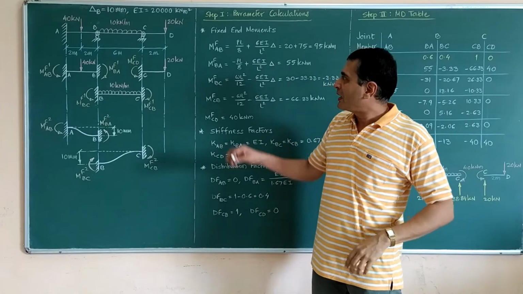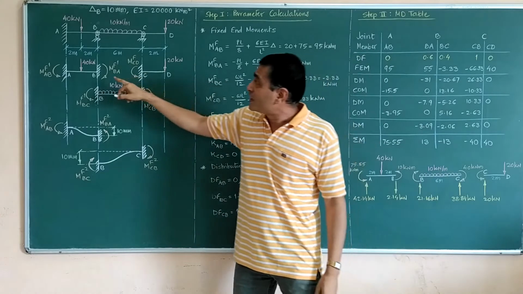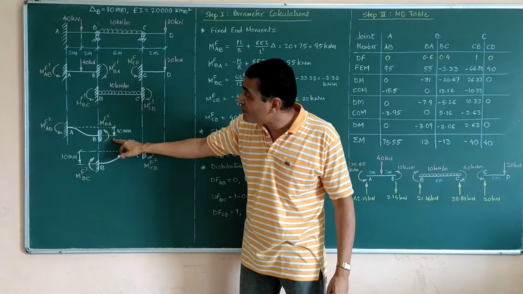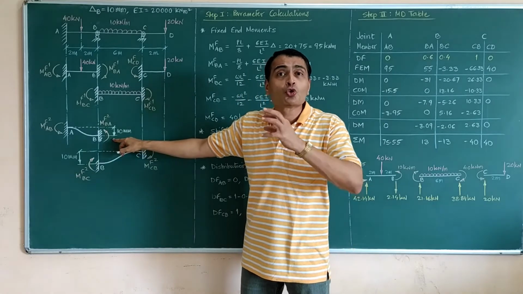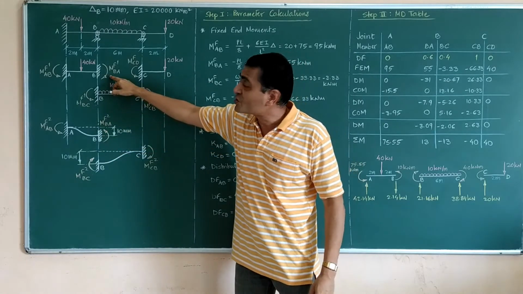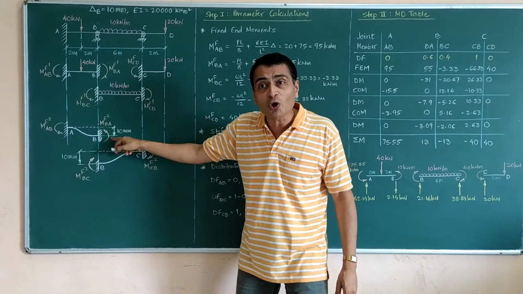Going ahead, I am writing MFBA. It is going to be MFBA1 plus MFBA2, that is due to loads and due to sinking. Now please observe, this moment is clockwise whereas this moment is anti-clockwise.